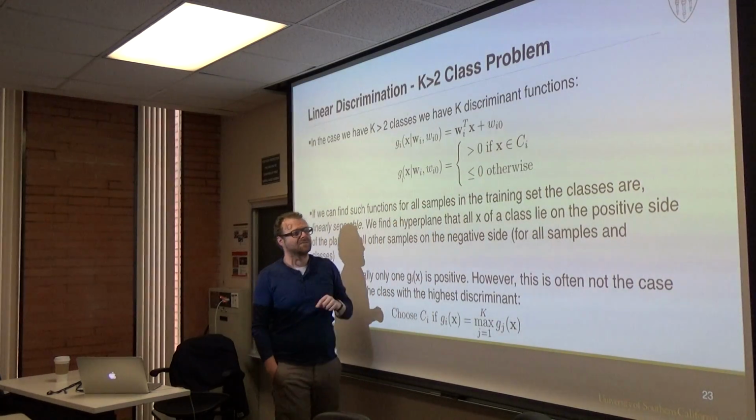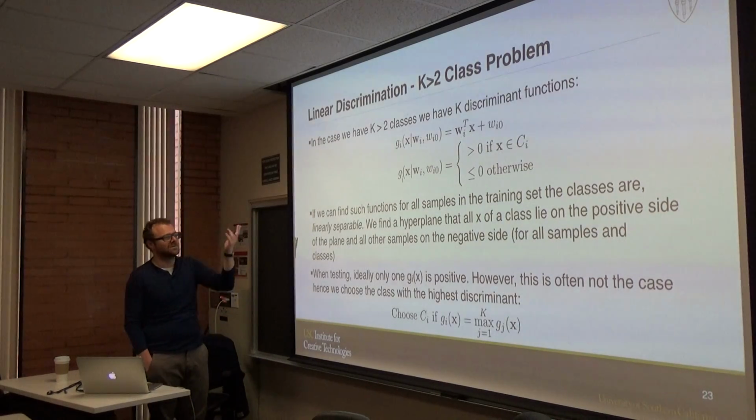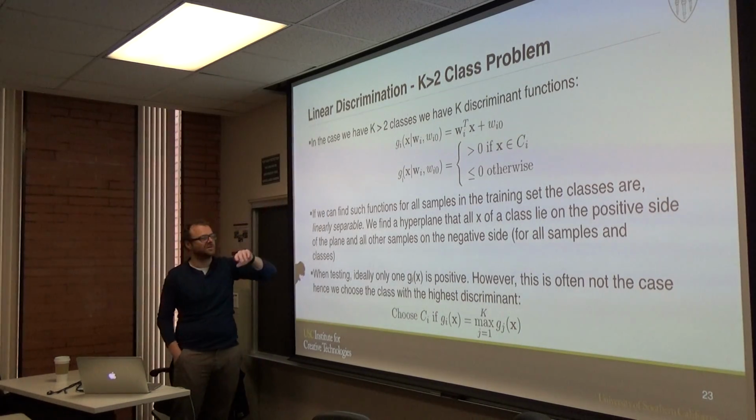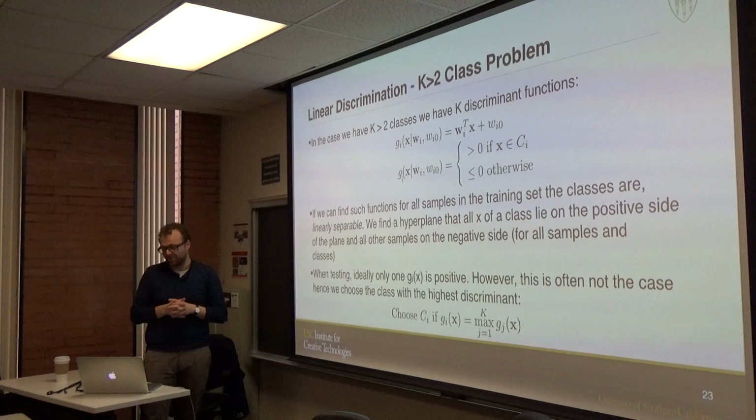Well, then you say it's class i, and you would discard it for the others. So it has to land on the positive side of one of them if you have multiple classes. You'll see an example in a second.